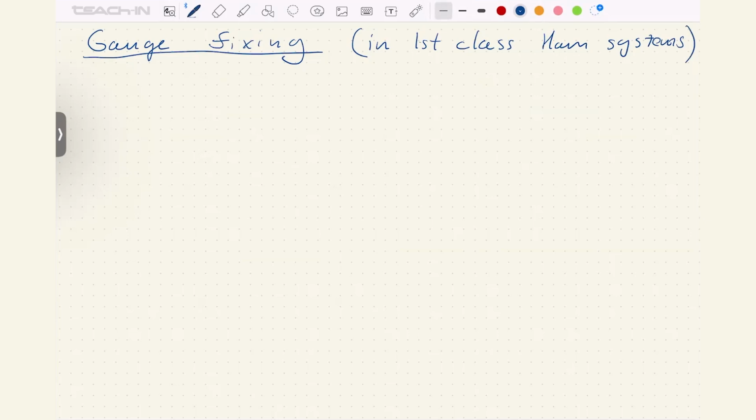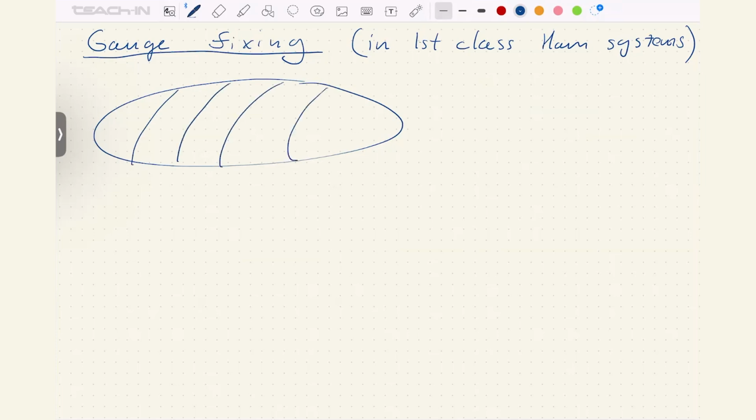So what is this? Let me again draw our main picture for the moment. So we have these gauge orbits. We have evolution, which apparently takes one orbit to another orbit in a consistent way.